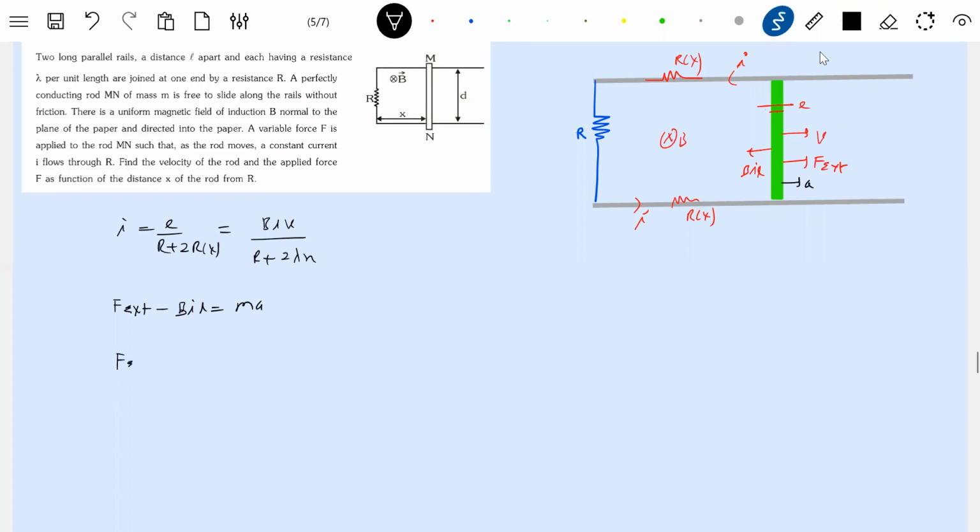So F external minus BIL is m v dv by dx. First the expression for velocity of the rod.